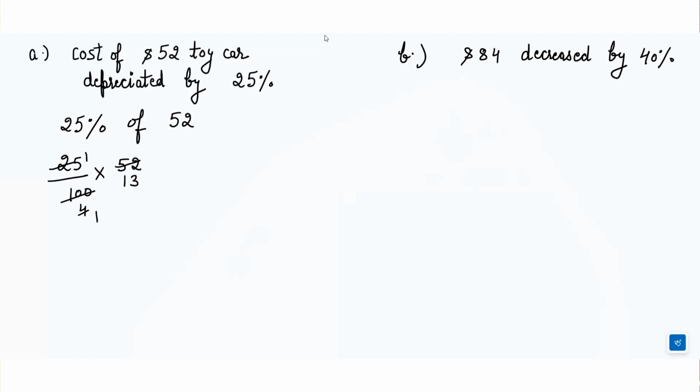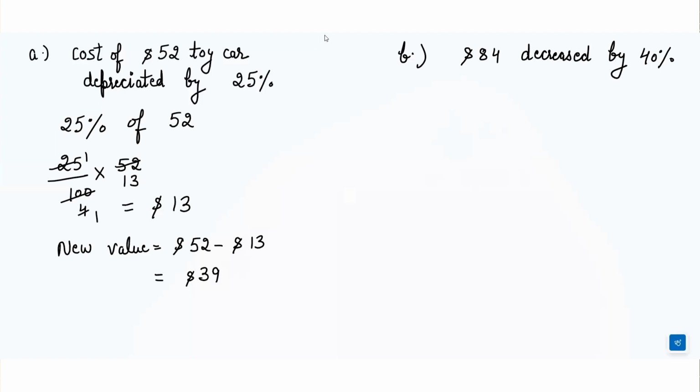So the value here will be $13. Now we have to find out the new value after depreciation. In increase by we are adding; in depreciation or decrease by we will subtract. That means $52 minus $13, which will be equal to $39.